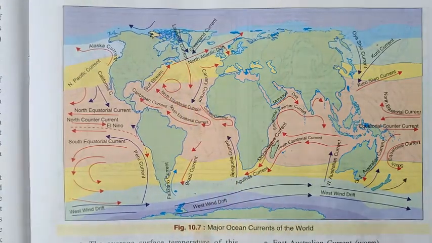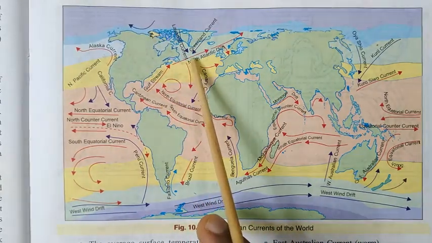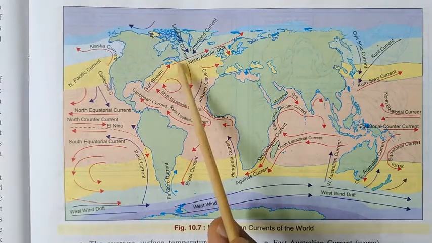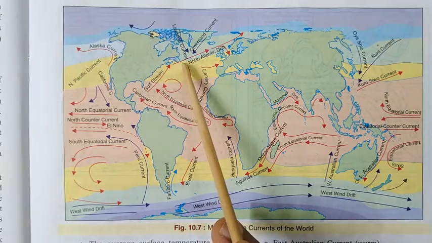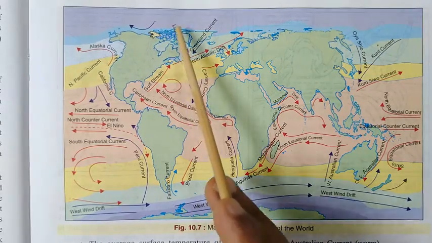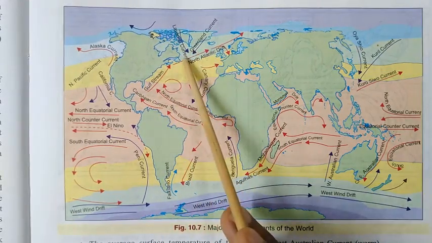But at the same time, the Labrador Current and Gulf Stream, as they meet together, provide a very ideal condition for the growth of planktons, microorganisms. And as I already explained, these microorganisms provide feed for the small fish. So the fish from both the cold water and the warm water come here from all sides.